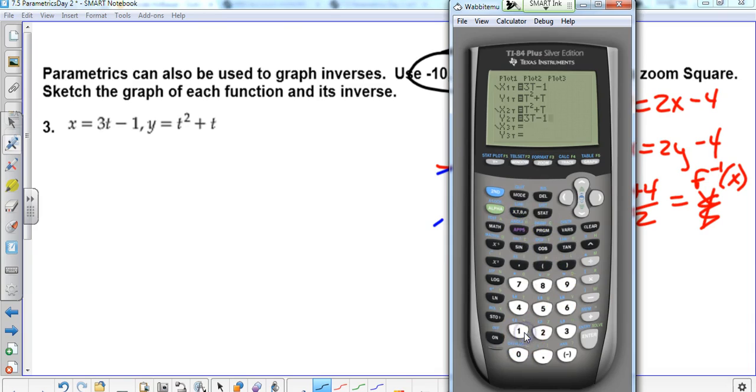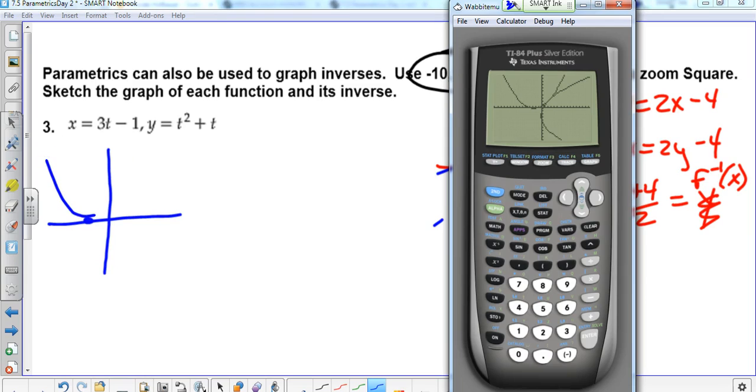There's no working backwards. There's no doing anything crazy. You're just flip-flopping them. Hit graph again. Does it seem okay? One had its vertex over here. The other one has its vertex over here, and it's going this way. They're actually touching. Mine just aren't touching because I did a really bad sketch.